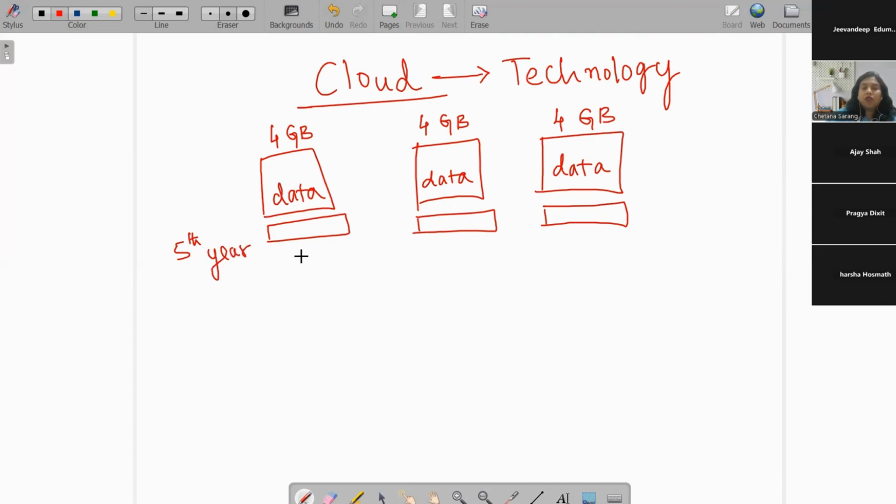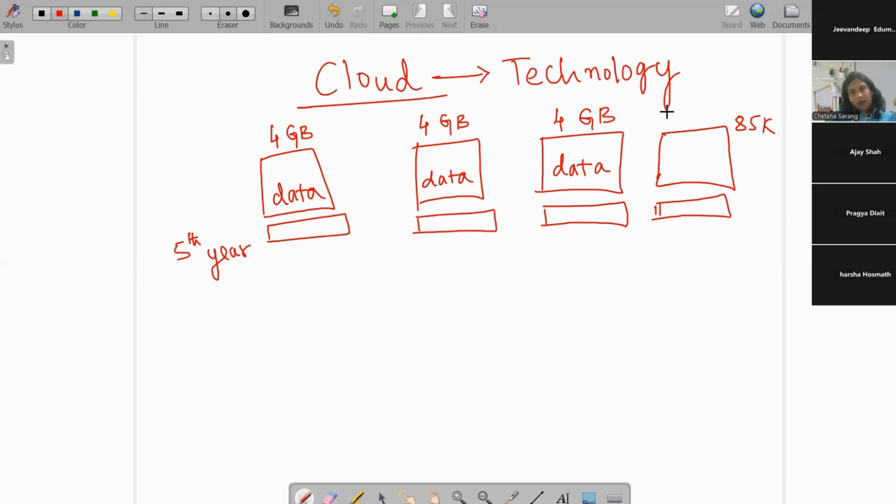It's a new school, and suddenly they realize that the space is full. So what do they do? They get one more system, which will cost somewhere around 85K.